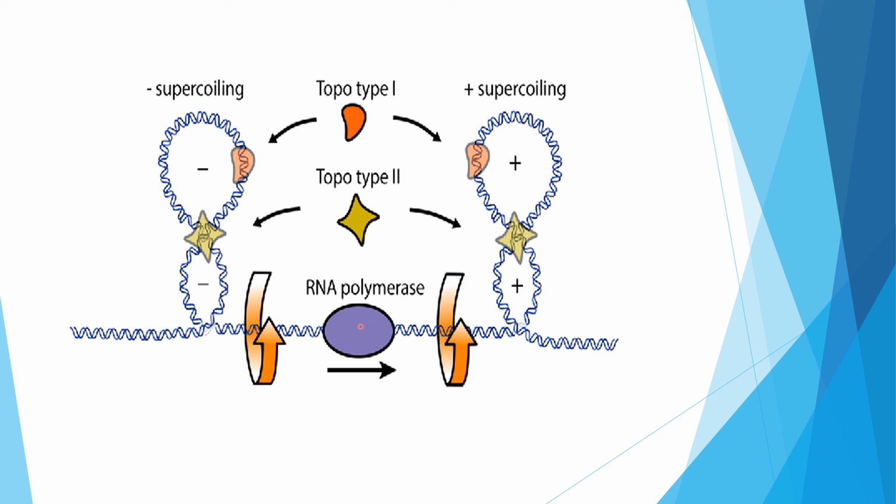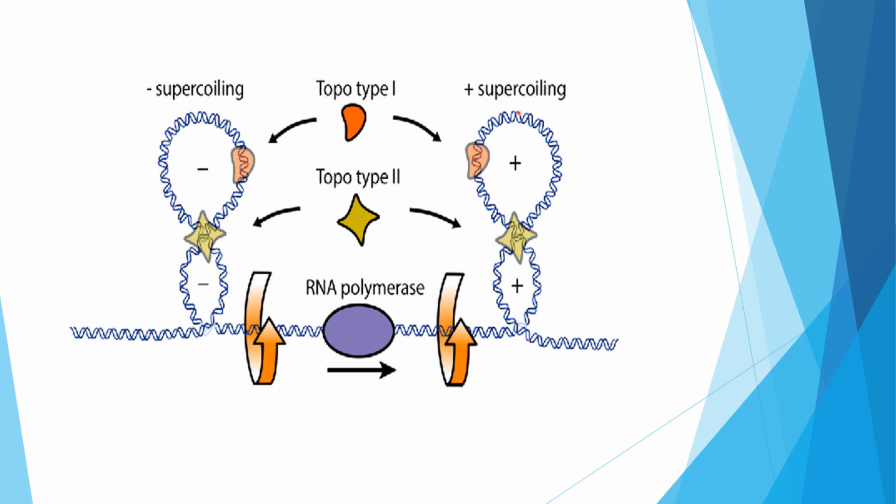This is RNA polymerase, which synthesizes the RNA primer at the site of the origin of replication. On one side, replication starts, and on the other, opposite side, supercoiling occurs.